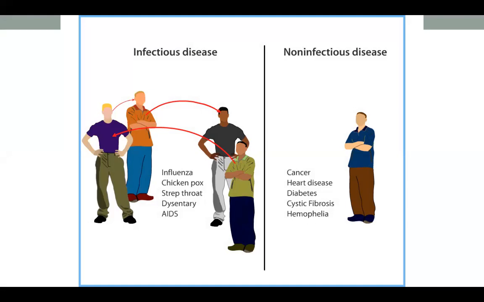Examples of infectious diseases: influenza, which is the flu, chickenpox, strep throat, dysentery, which is basically having uncontrollable diarrhea to the point where you can't hold fluids anymore and you die. Obviously, coronavirus would be in that category, and of course, AIDS.